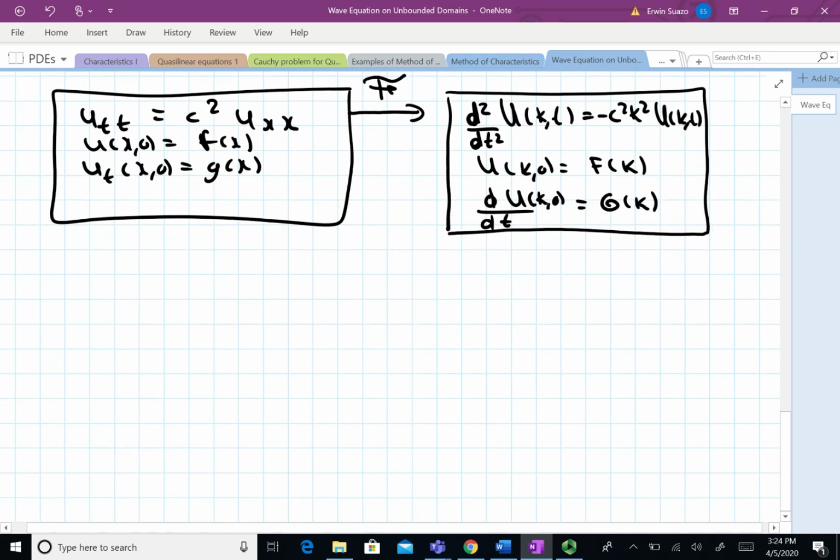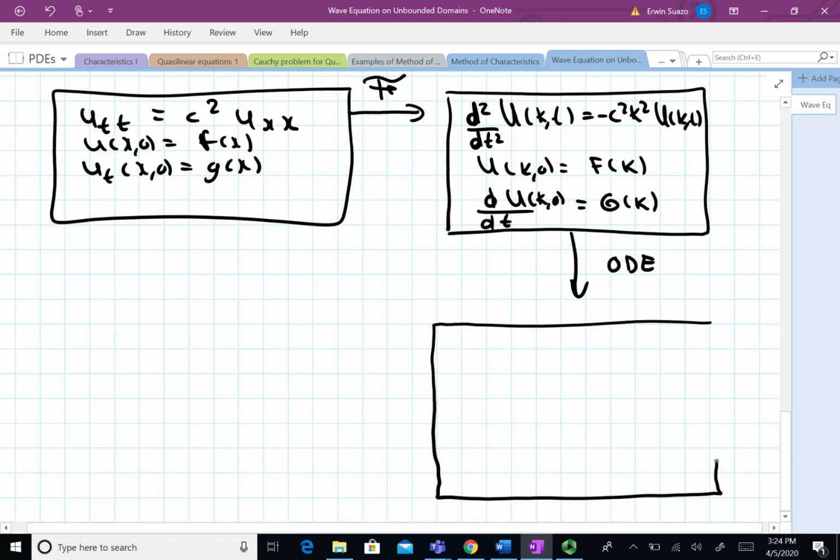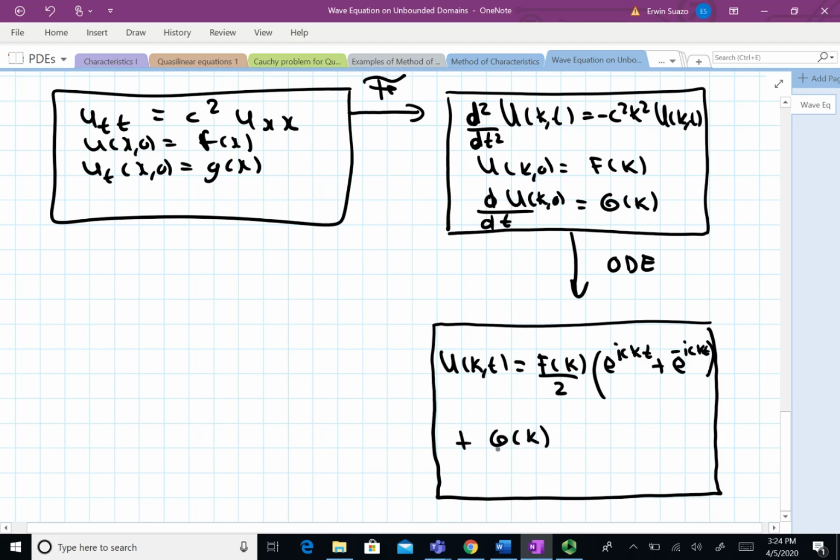Now you solve this using your ordinary differential equations, and then you obtain the following: U(k,t) equals F(k) divided by 2 times e to the ickt plus e to the minus ickt, plus G(k) over 2ick times e to the ickt plus e to the minus ickt.